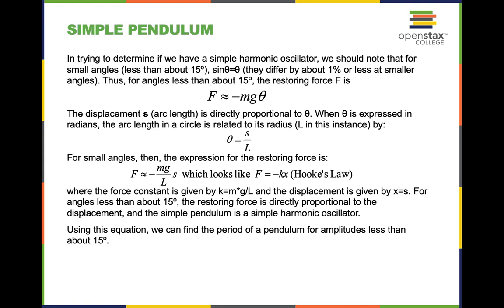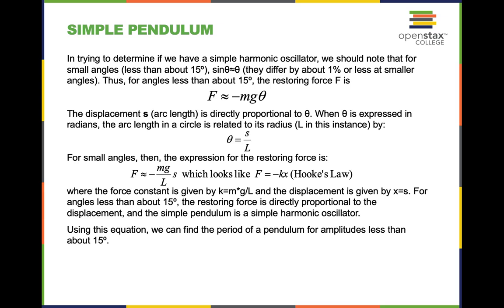Okay, so for a simple pendulum, in trying to determine if we have a simple harmonic oscillator, we should note that for small angles less than 15 degrees, sine theta is roughly just theta. They differ by about 1% or less for the smaller angles. Thus, for angles less than about 15 degrees, the restoring force is proportional to negative mg theta.